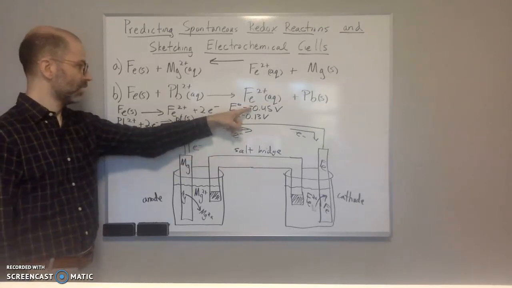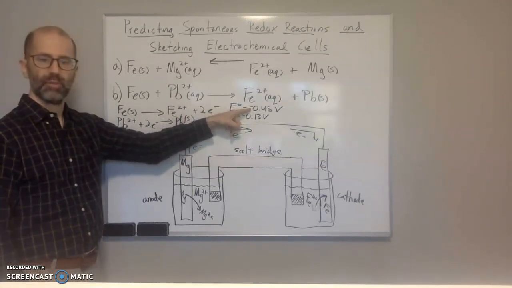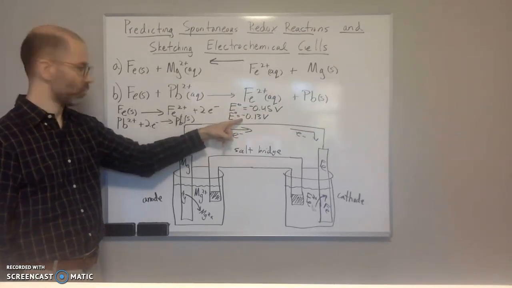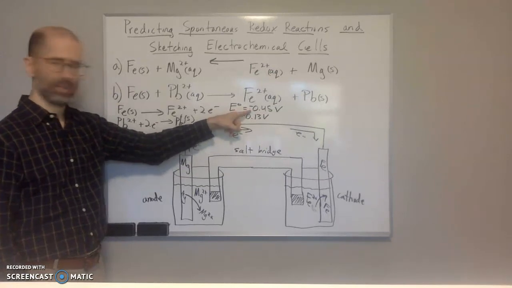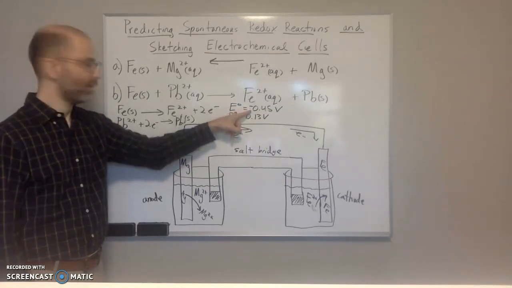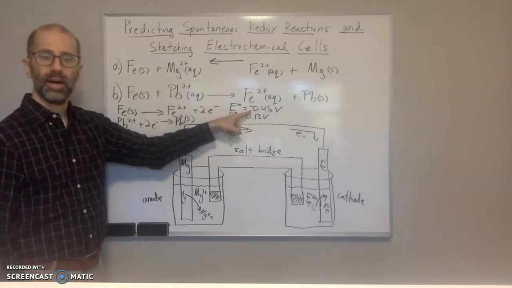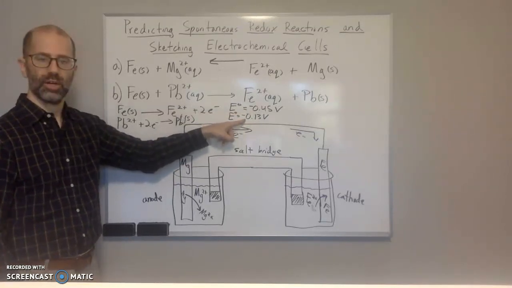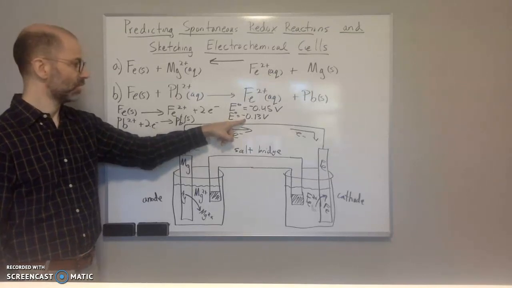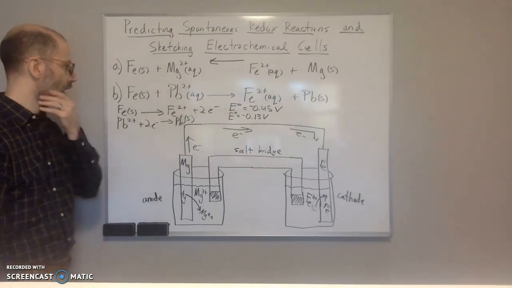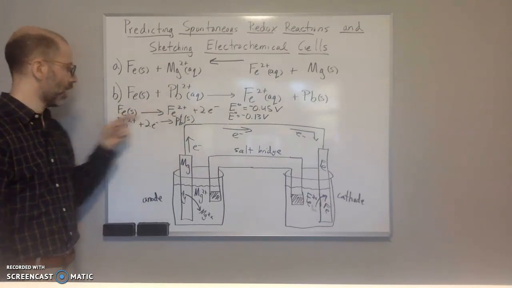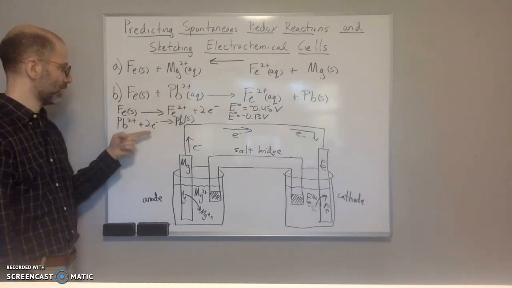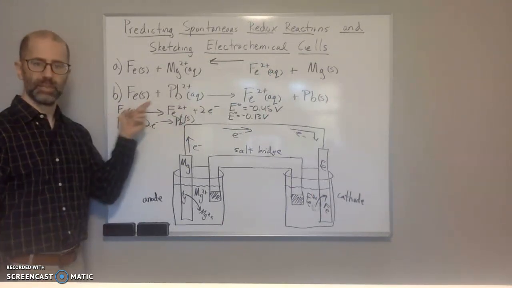So in fact, the electrons are going to be repelled by this electrode and attracted to this one. So this one is less likely to undergo reduction, but is more likely to undergo oxidation spontaneously, and this one is going to undergo reduction spontaneously. So the electrons will move from iron to lead in a spontaneous direction.